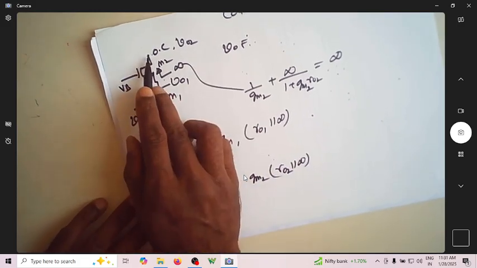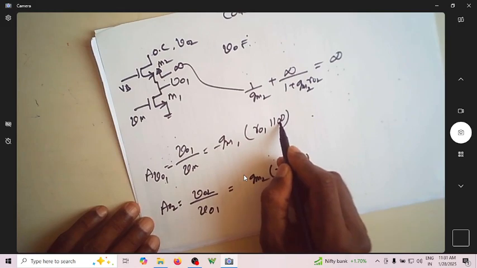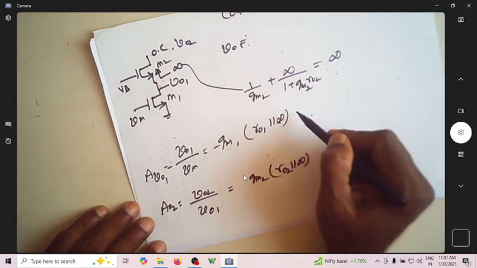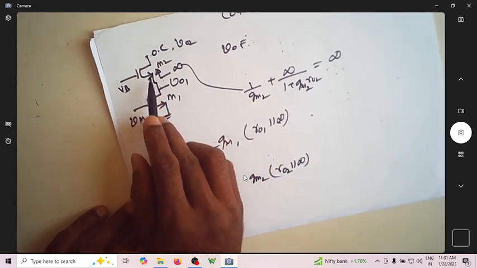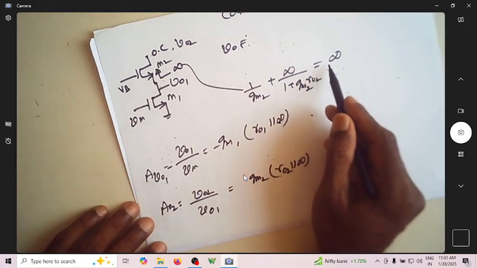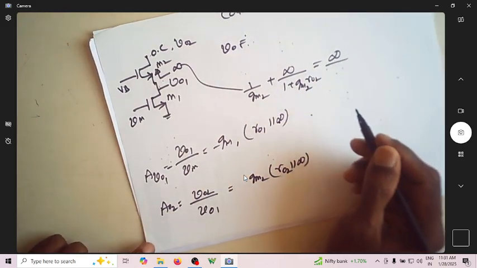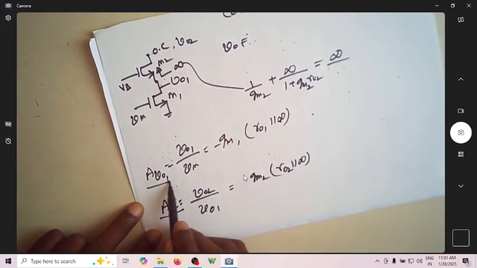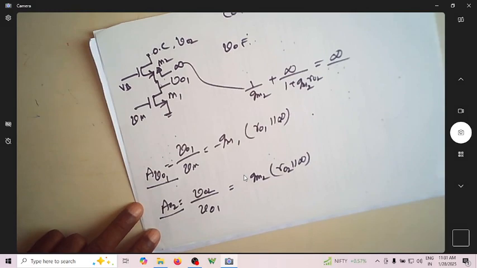Why is this infinity? Because it's open circuit. Even though it's not open circuited, it looks like infinity. That's why open circuited is called A0, and with some connection it is called Av0.